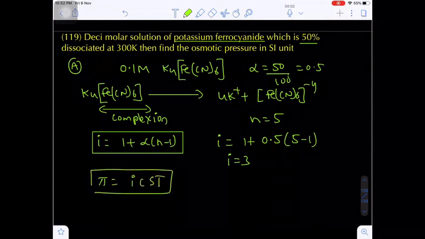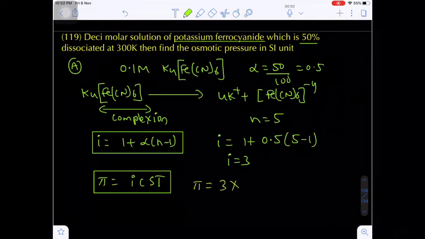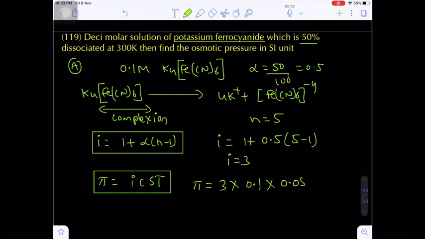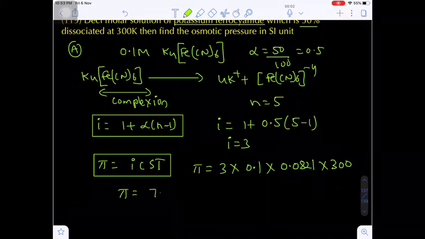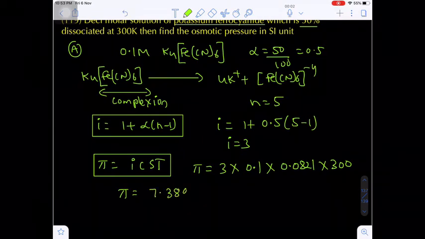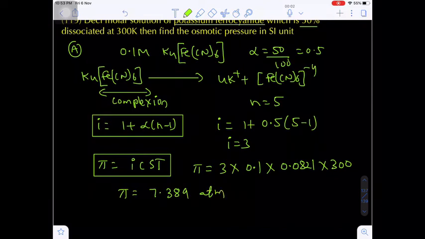So the pi value equals iCRT. Now here, what is the i value? 3. Concentration 0.1 molar. R value 0.0821 liter atm per mole per Kelvin, and the temperature value will be 300 Kelvin. So here the osmotic pressure value equals how many atmospheres? 7.389 atmospheres.